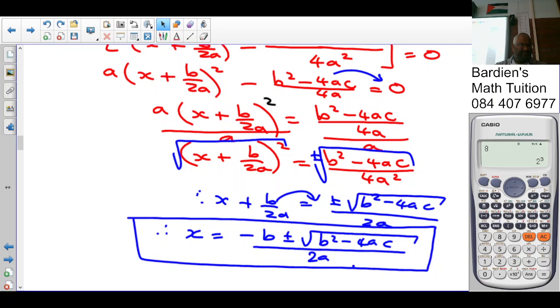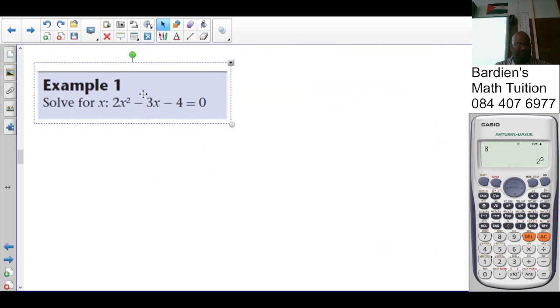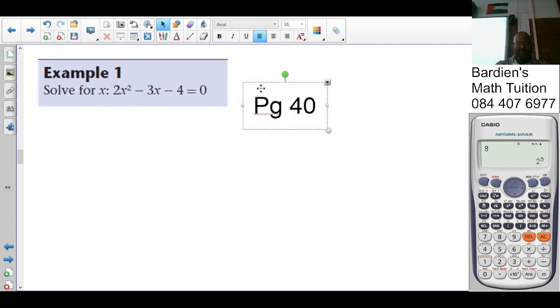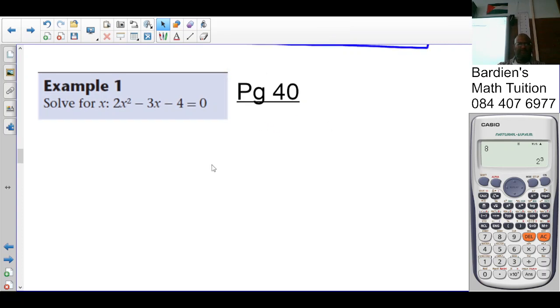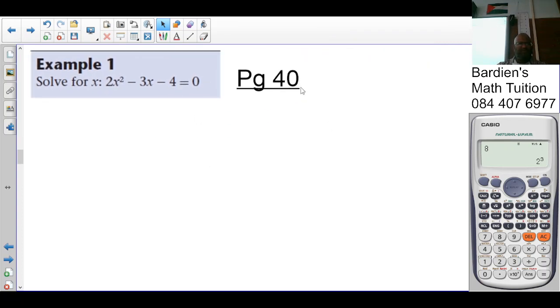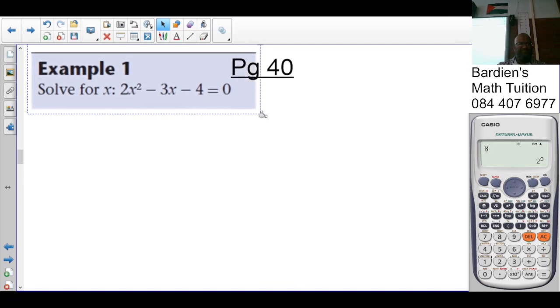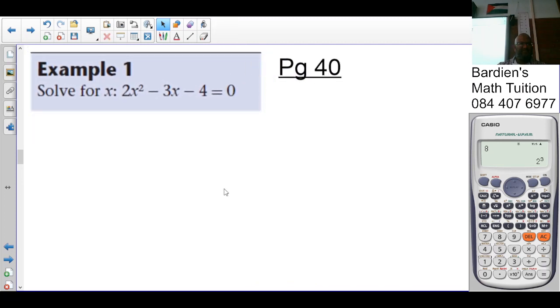Okay? So we're going to look at example 1 on page 40. We are told to solve for x: 2x squared minus 3x minus 4 is equal to 0.